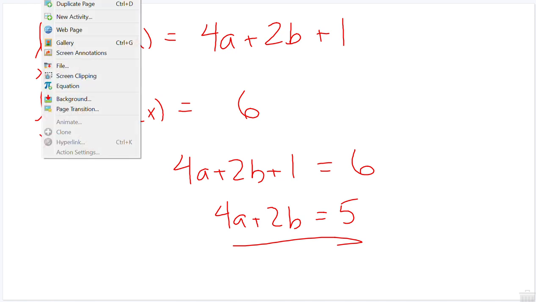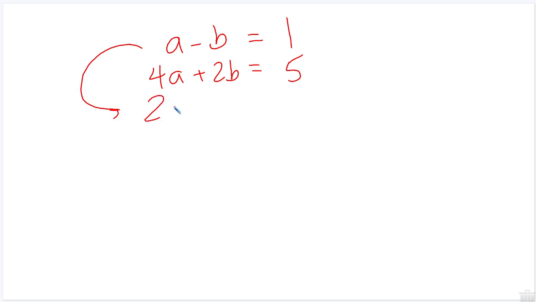So we got a minus b equals 1, and we've got 4a plus 2b equals 5. Well, it's just a system of equations that we can solve either using combination or substitution, your choice. I'm just going to multiply this first one by 2, giving me 2a minus 2b equals 2.